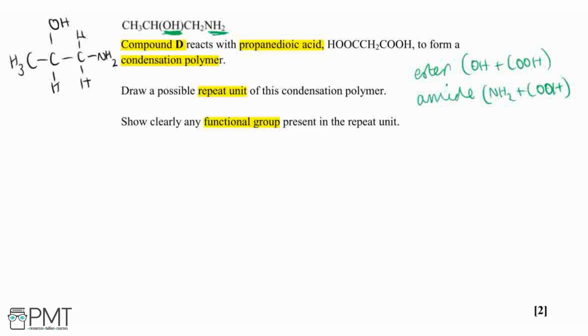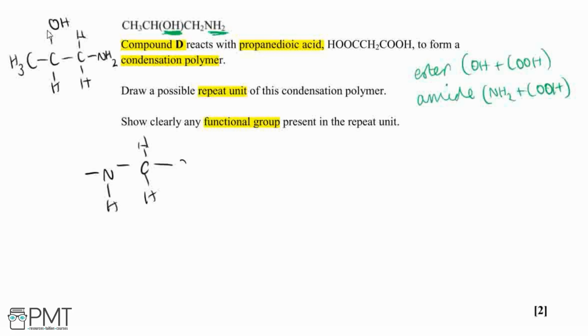So when we're forming this ester bond, that's going to be bonding from here. So this hydrogen is going to be replaced and we're going to form an ester bond there. So the structure will look something a bit like this overall.